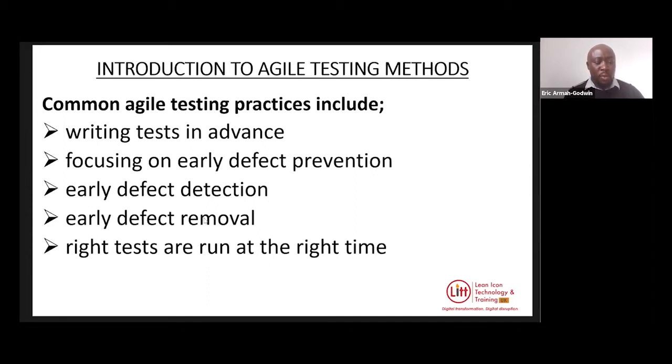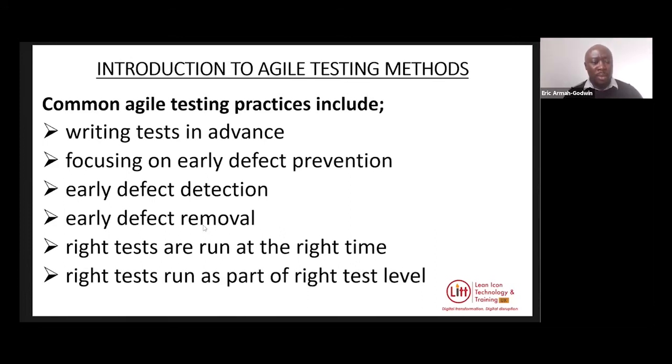Write tests, yeah, we want to make sure, again, that in an Agile team, tests are run at the right time. And then tests have to be run as part of the right test level.